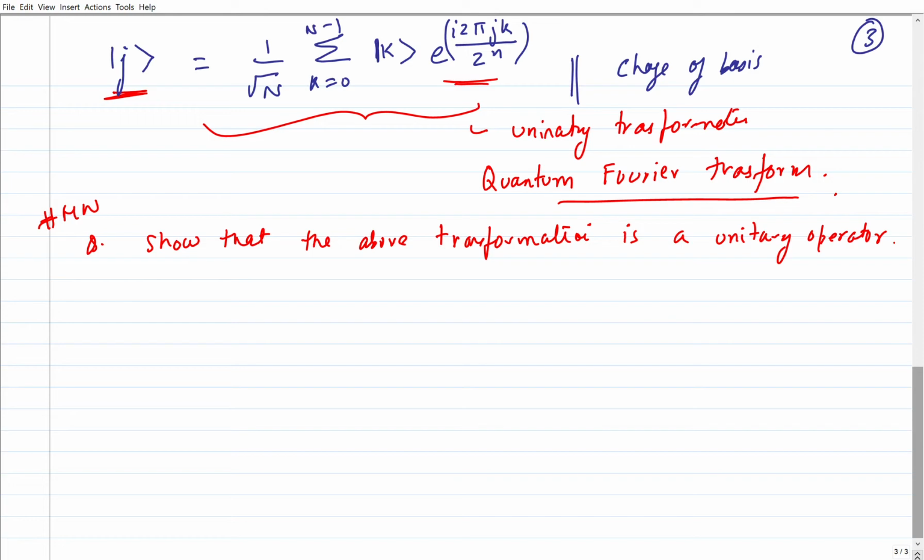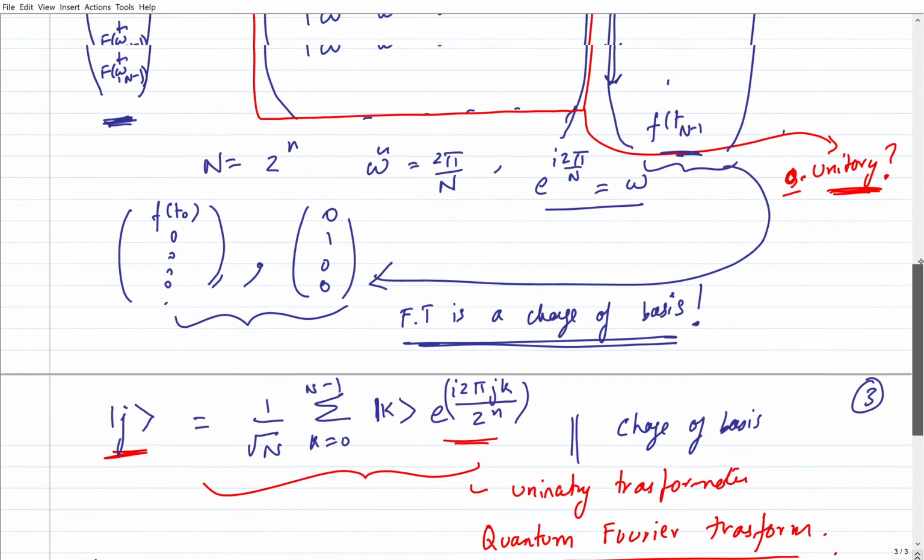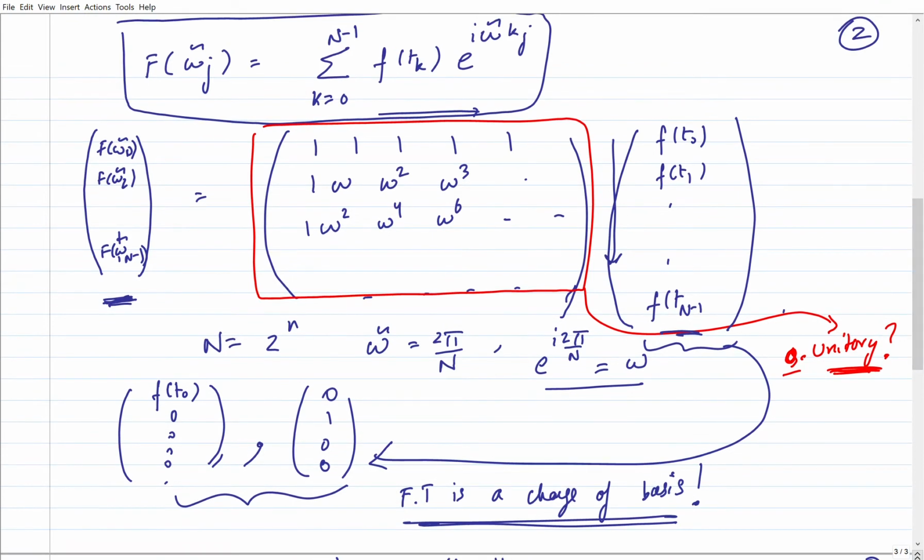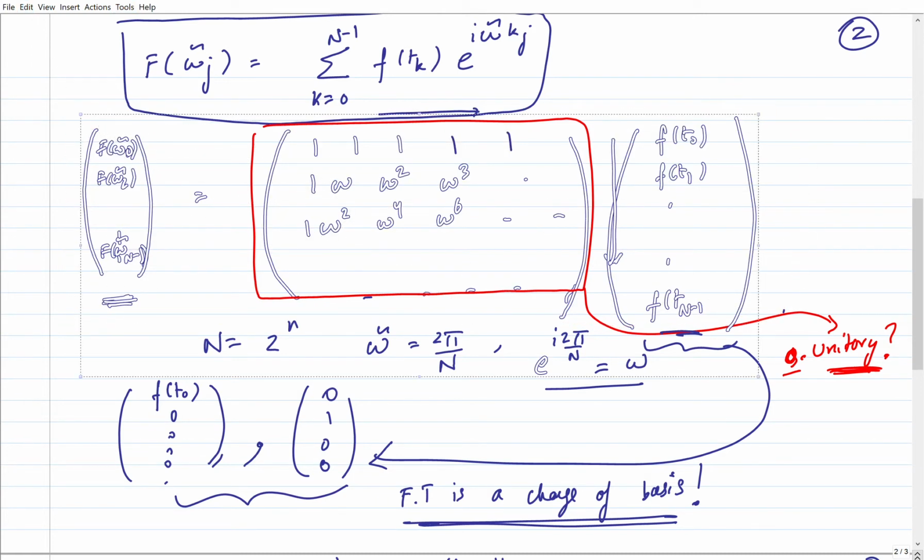So let's analyze. Now the question is, essentially, if you look at the Fourier transform, we concluded that it's a matrix multiplication.